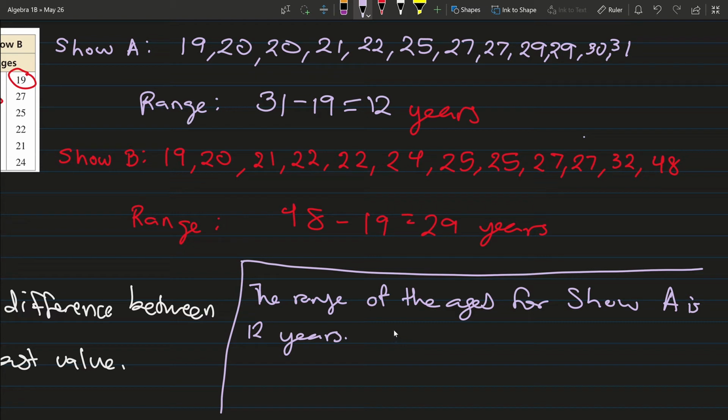And secondly, the range of ages for show B is 29 years.